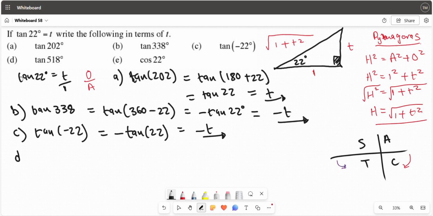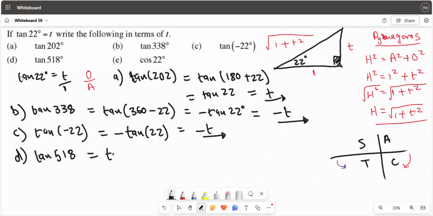Then D, we're given tan 518. What I'm going to do is reduce it using the principle that if I subtract 360, it will put me back in the same quadrant. So let's check. What is 518 minus 360? That gives me 158.